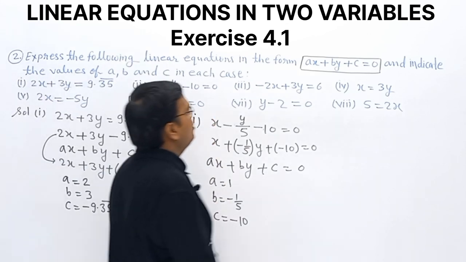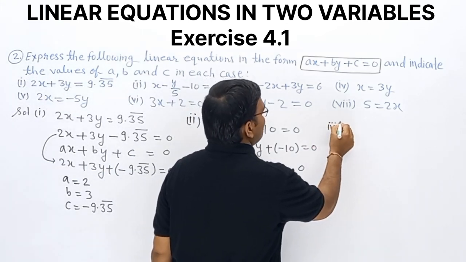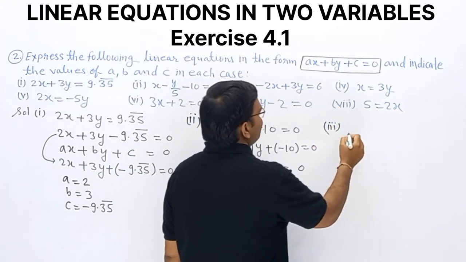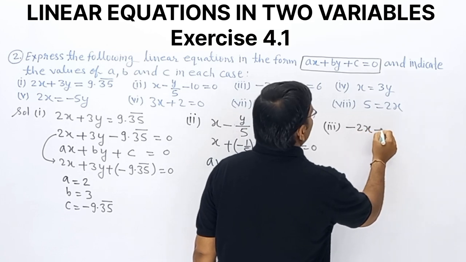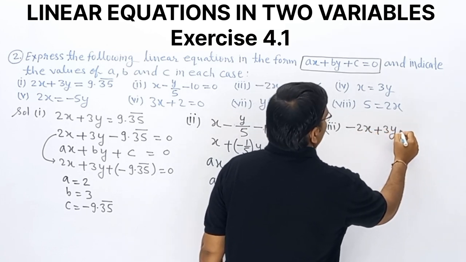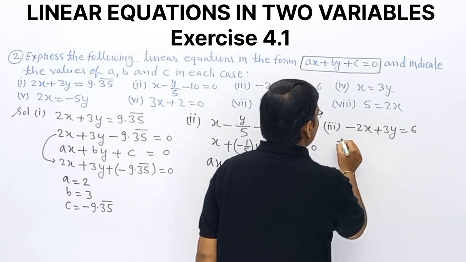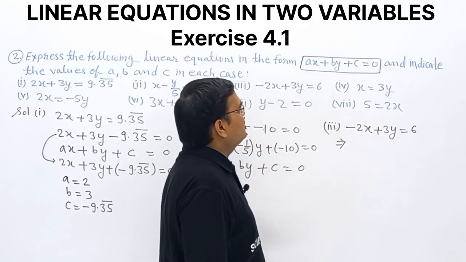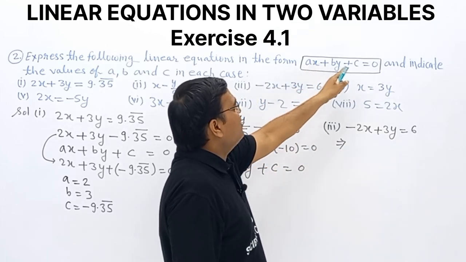Now question number 3. Observe. What will be the solution? Minus 2x plus 3y equal to 6. First write this in the general form, which is ax plus by plus c.